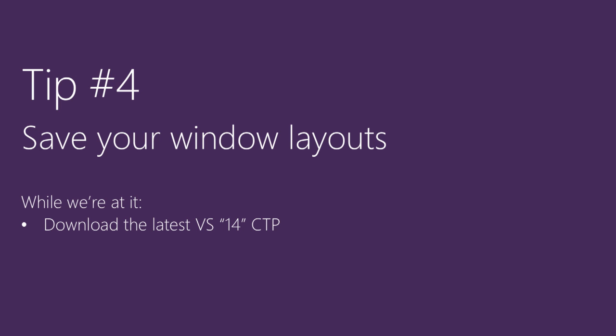If you want to download the latest Visual Studio version, I think we're calling it 14 as the code name, you can download that. One of the really cool features, and I'm skipping ahead in time and putting it on my best loved features list, but I really love this feature, is that you can save your window layouts and give them names. So you can create as many window layouts as you want.